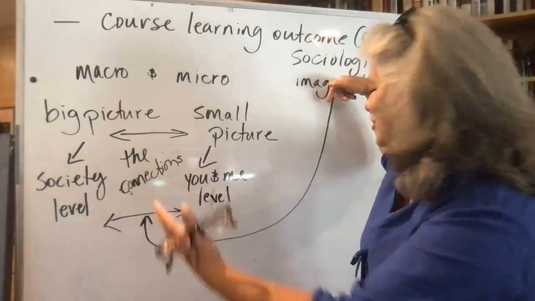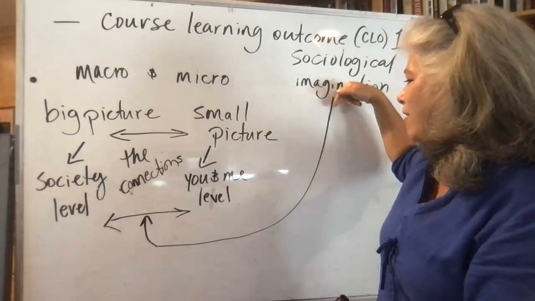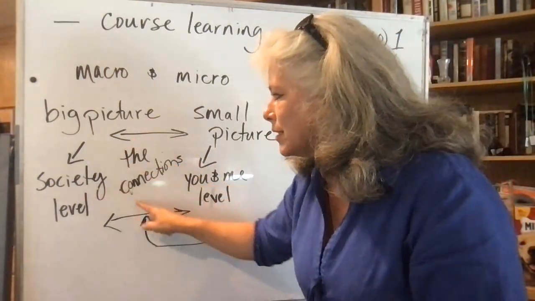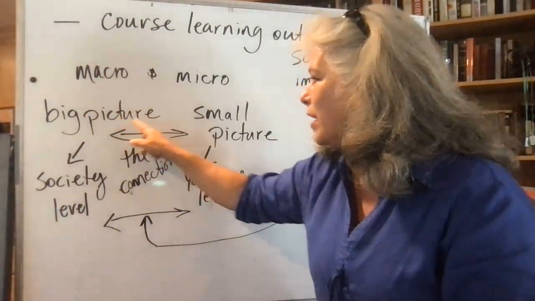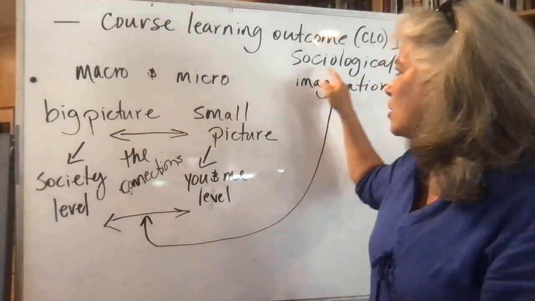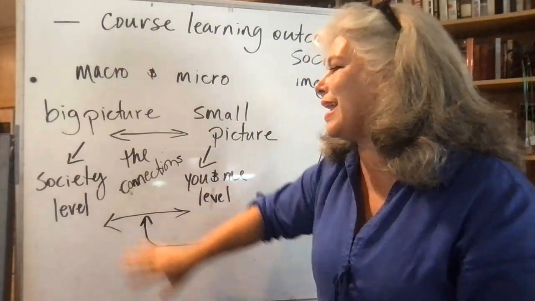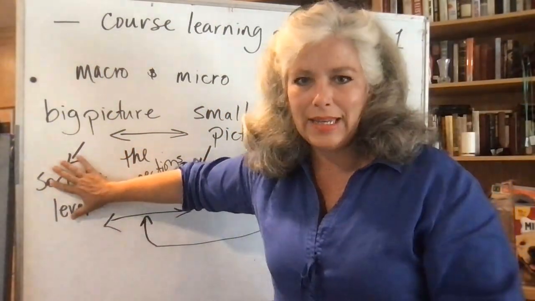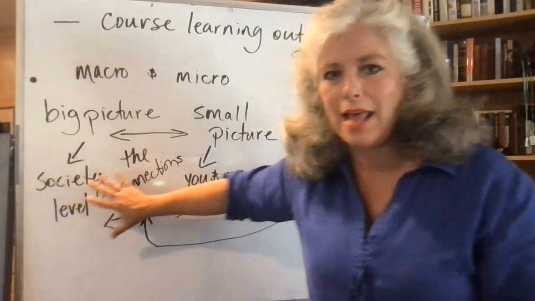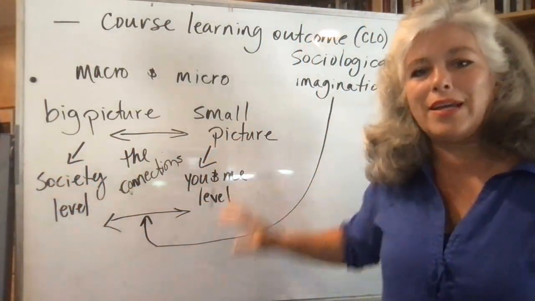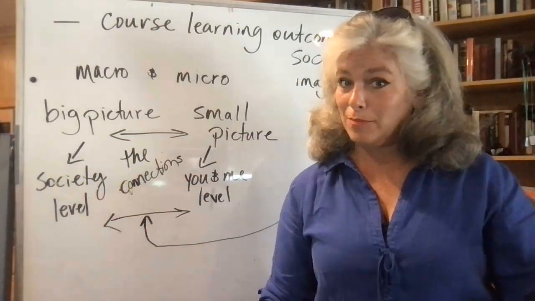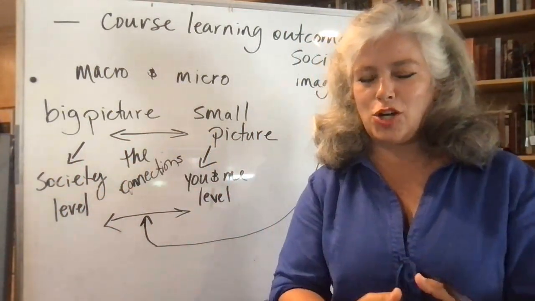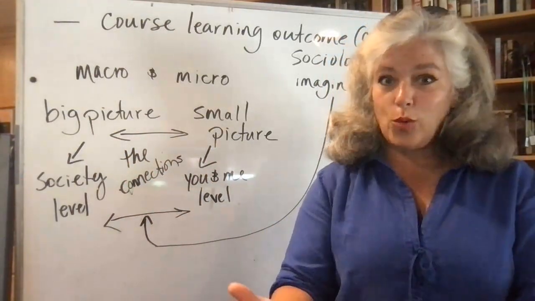I've got this weird arrow from sociological imagination over here to the middle section between the big picture and the small picture, because the sociological imagination is about making the connections between that society level pattern that exists and the you and me daily life experiences that we live every day. Okay, so it's this connection. This is what we're working on this semester, and I find it super interesting. I hope you will too.